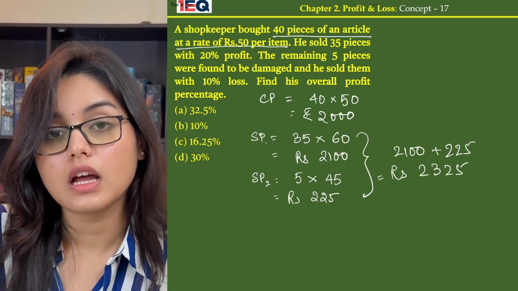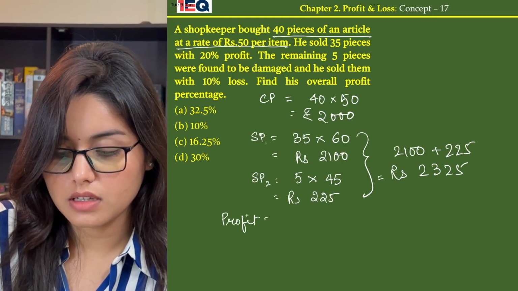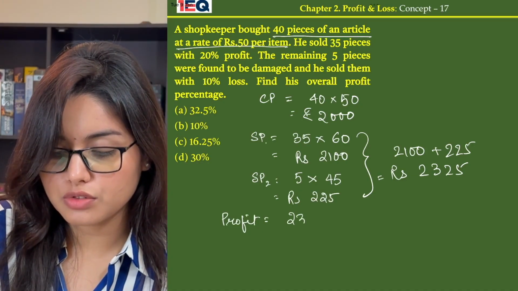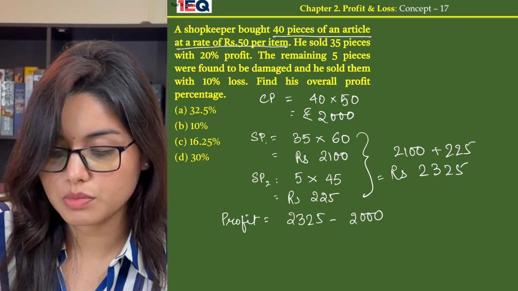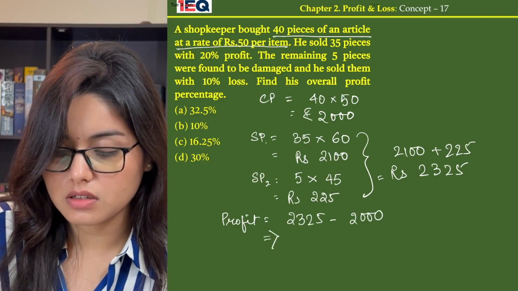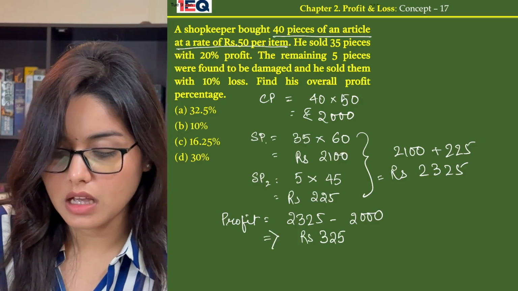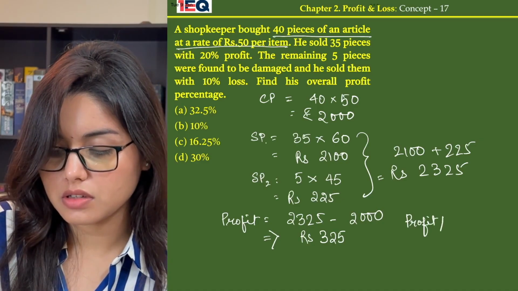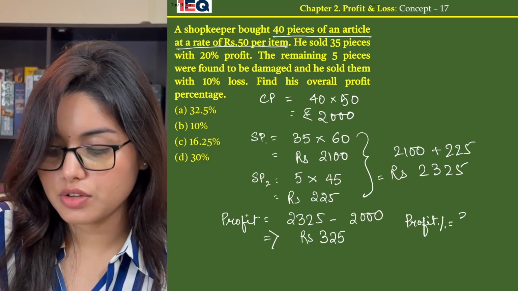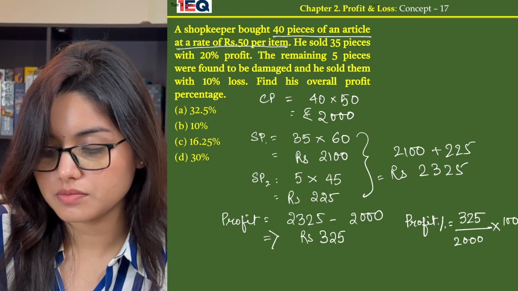So his total SP becomes 2100 plus 225, that is rupees 2325. Now his profit amount is equal to 2325 minus his cost price, that is 2000 rupees, which gives us rupees 325, and his profit percentage becomes 325 divided by 2000 into 100.